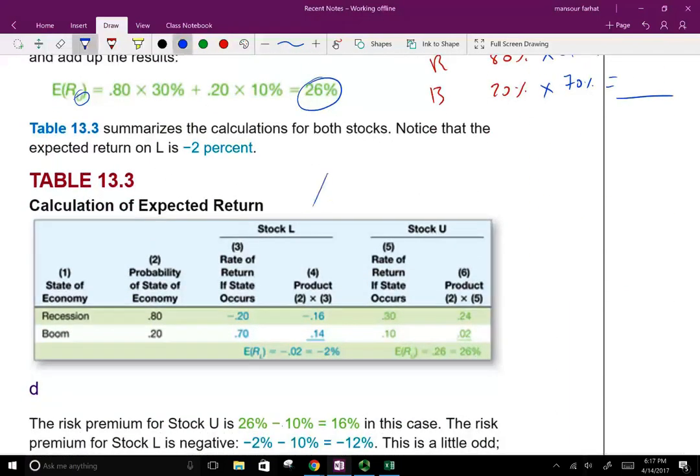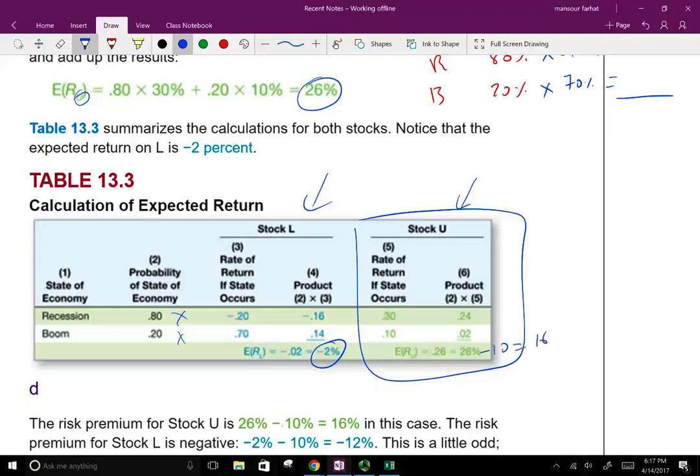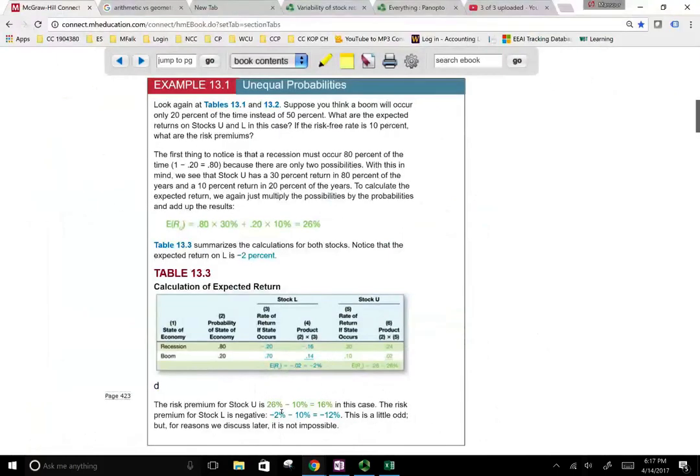So this is the return for stock L: 80% times -20%, plus 20% times 70%. So the expected return is -2%. The risk premium is 10%. So if we take 26 minus 10, it equals 16, and -2 minus 10 is -12. That's the risk premium. We'll talk about this -12 at some other time.